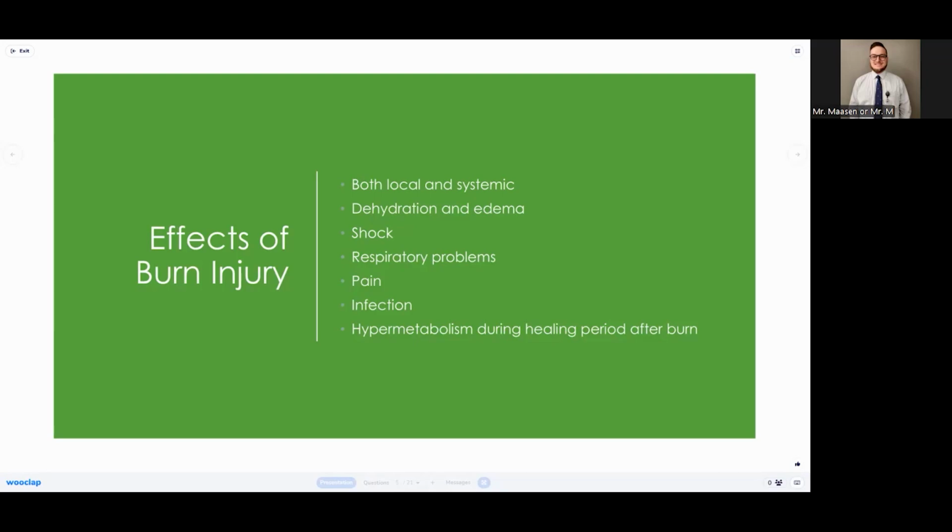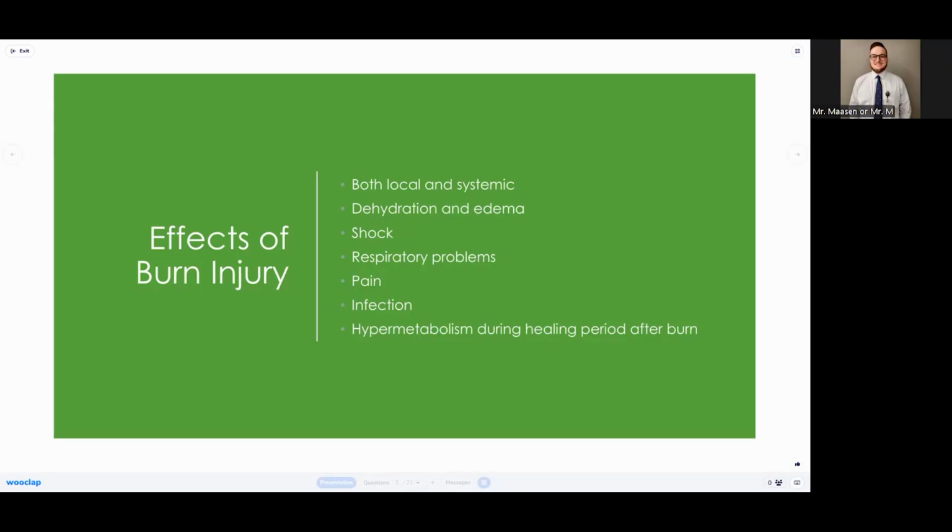So if someone's exposed to large amounts of carbon monoxide, say in a house fire where there's all the smoke, there's potential for a lot of the red blood cells to pick up that carbon monoxide molecule and not have room for O2. So you're going to have low O2, you're going to have respiratory symptoms, shortness of breath, pneumonia, maybe even lung infections from this. So especially respiratory problems are definitely more prone in people that have been in burns with, like, house fires and a substantial amount of smoke.